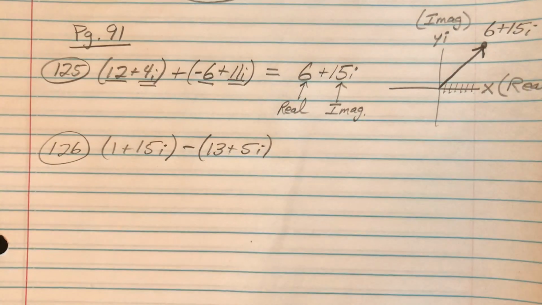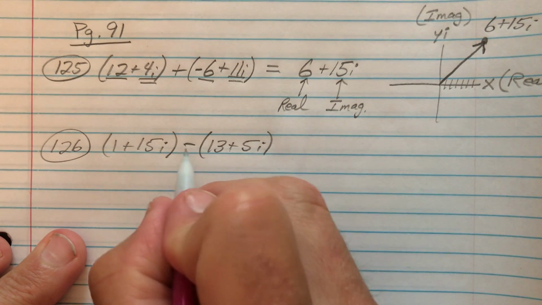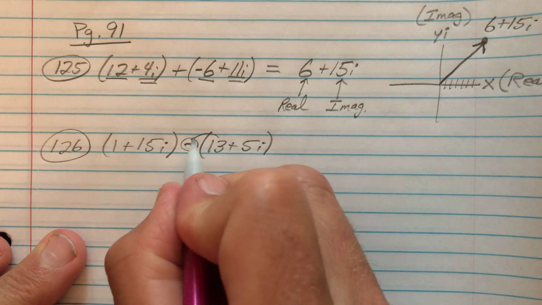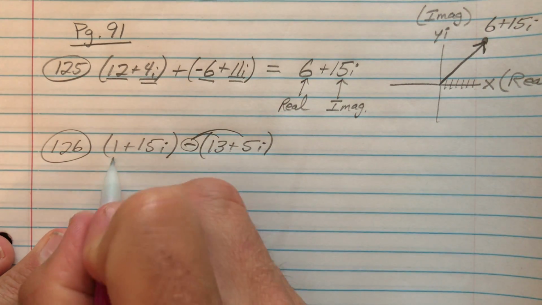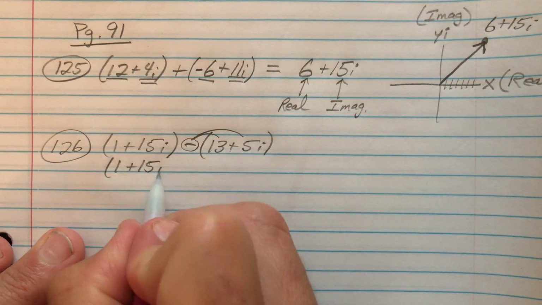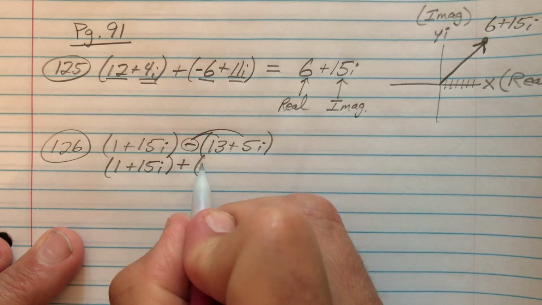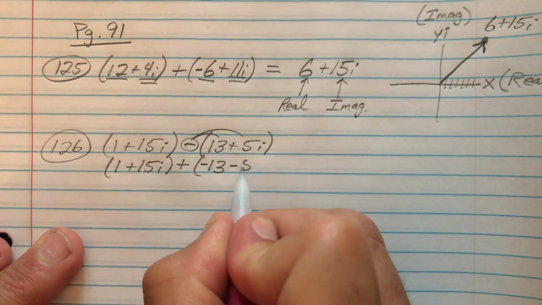Well, just like in algebra, we're going to change every subtraction problem by distributing the negative, the minus sign, into this parenthesis. So this is really 1 plus 15i plus negative 13 minus 5i.